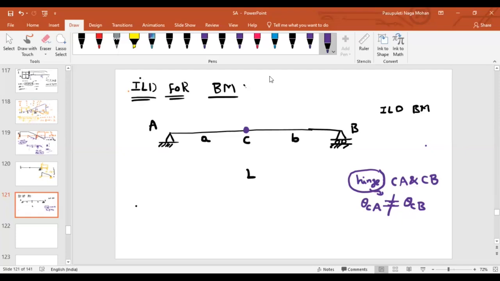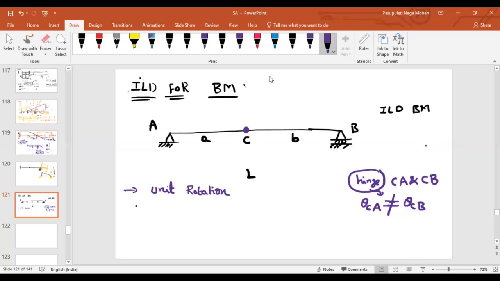According to the ILD, after releasing the force, what do we have to apply? We have to apply unit displacement, right? If it is a force, it is a unit displacement. Now I am talking about bending moment. Instead of applying displacement, I will apply a unit rotation.